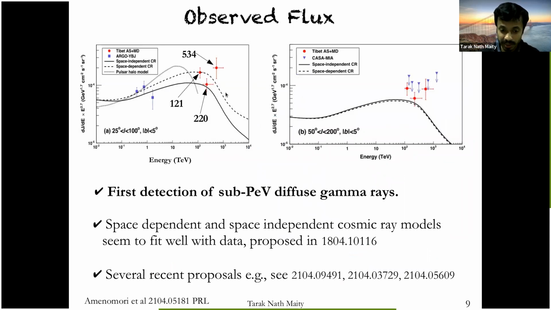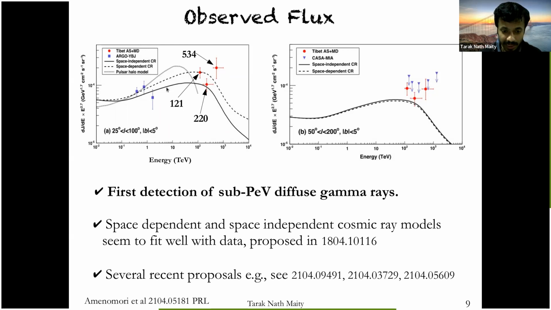For both of these plots, energy is plotted on the x-axis and differential gamma ray flux is plotted on the y-axis. The red dotted points shown in both of these plots are what have been observed by the Tibet AS-gamma experiment, with the corresponding representative energies given by these three values: 121 TeV, 220 TeV, and 534 TeV.